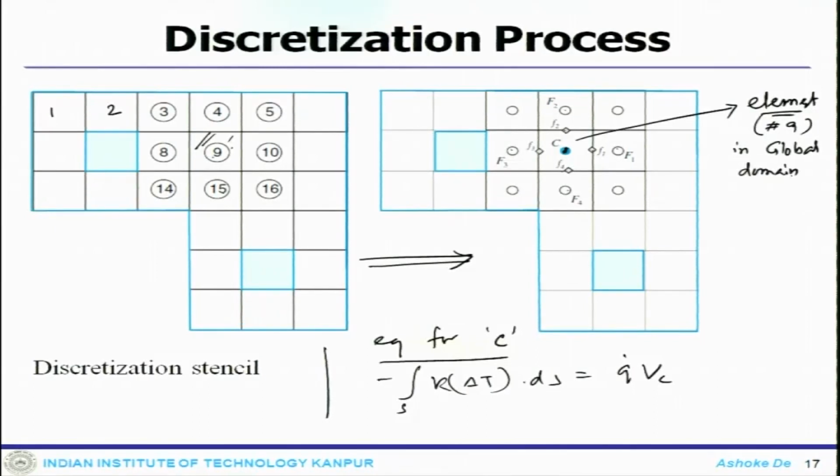Once you mark the complete computational domain with a global element number and try to discretize the equation, you come down to a local system, but that connectivity must be maintained. If you consider only one particular element like element number 9, around that is called the discretization stencil.